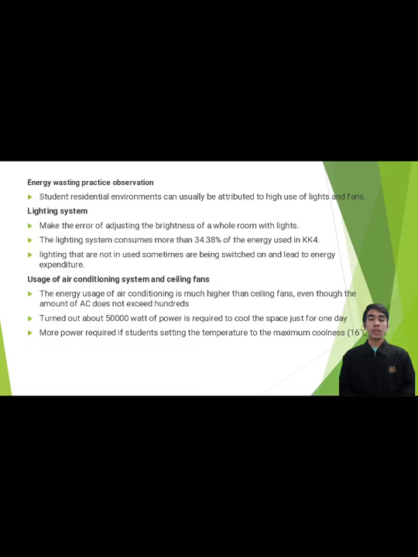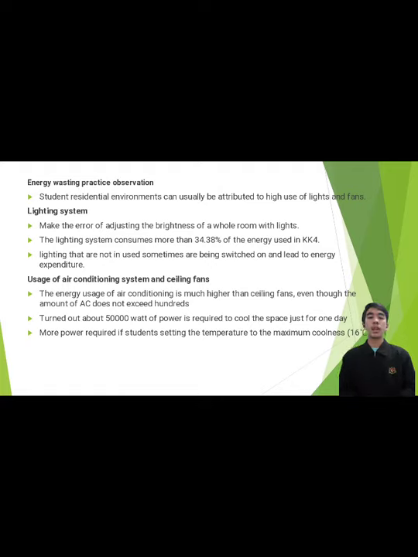The building's orientation is not capable of exploiting natural daylighting. Therefore, artificial lighting is the main option instead. From the observation, lighting that is not in use is sometimes switched on and leads to energy expenditure.